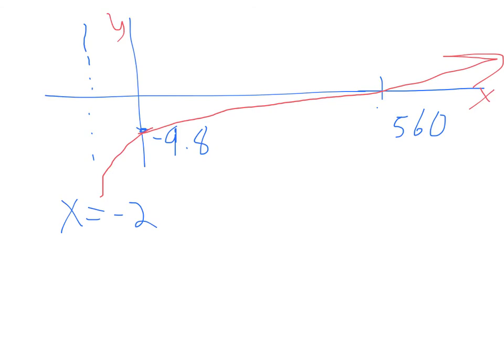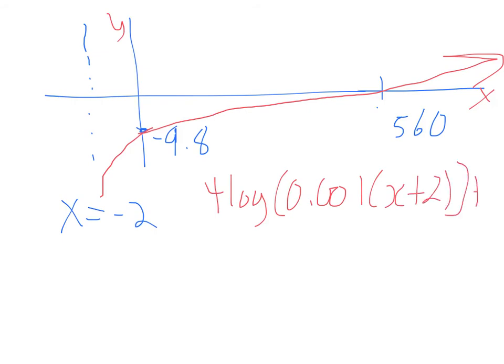On our original curve we had 4 log of 0.001 (x plus 2) plus 1, which worked out to, if we remember, log of 0.001 being worth negative 3, and then multiplying by 4, it's negative 12.